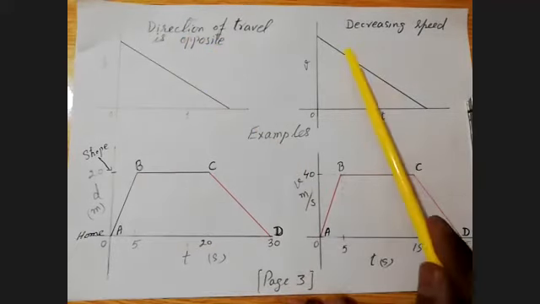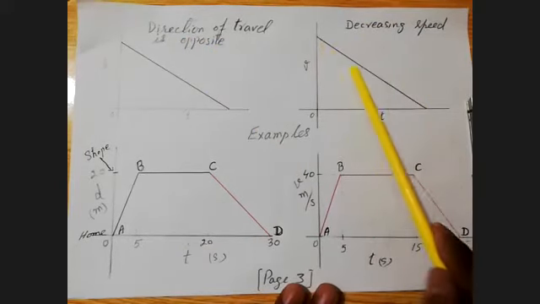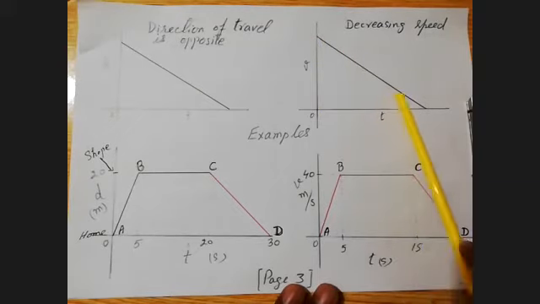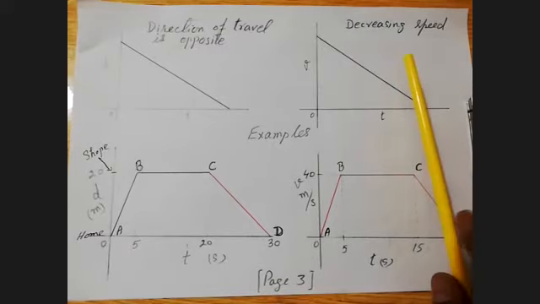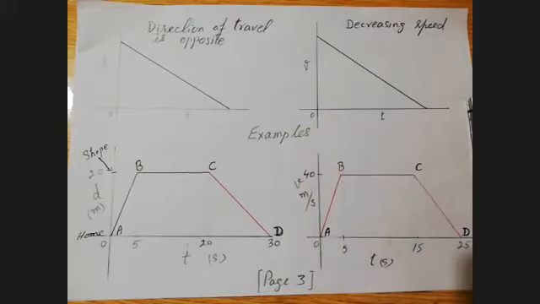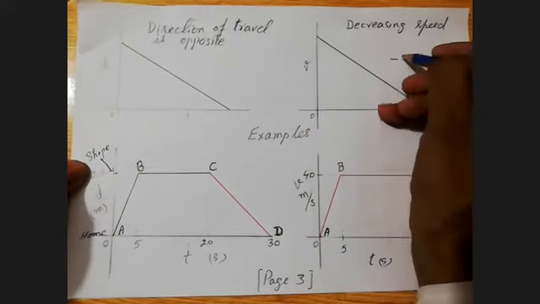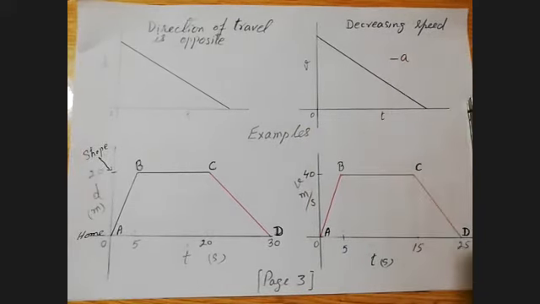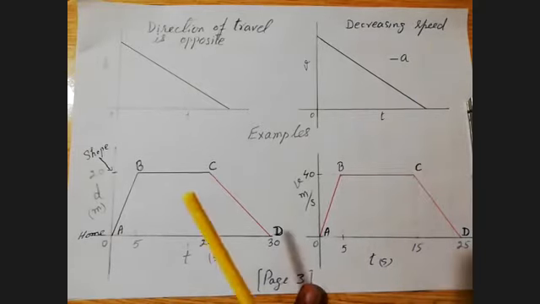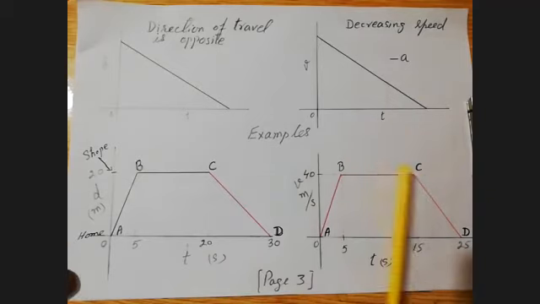Now this line in the velocity time graph is showing that the gradient is negative, meaning there is deceleration or negative acceleration, as you are already aware of it.